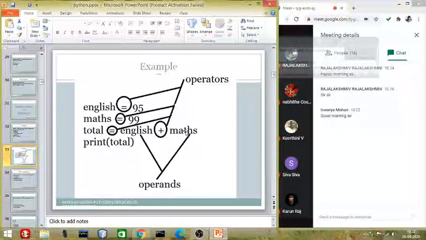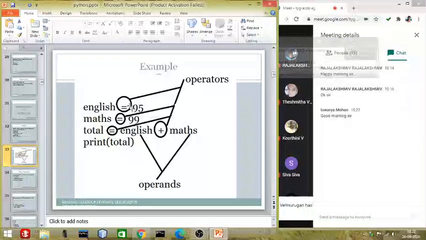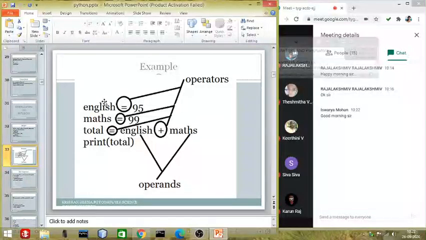Here English and maths are operands, and this is an operator used to perform operation between two operands. Here also this is an operator and these two values are operands. Why are they called operands? Because this value is going to be assigned to this variable. They are called operands, and the symbols used to perform the mathematical and logical calculation are called operators.